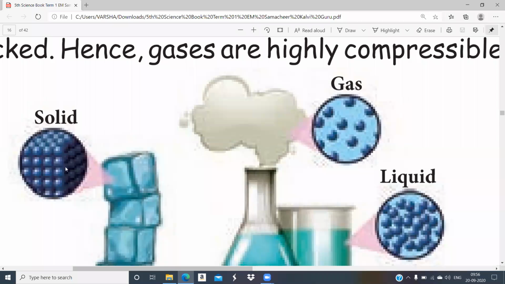See here, friends, in the solid the molecules are closely packed. In the liquid, they are loosely packed. And in gas, they are very loosely packed. See, here there are many spaces, but here no spaces. And in this one, some spaces are found. But in the gas, many spaces are found. That is why gases are highly compressible.